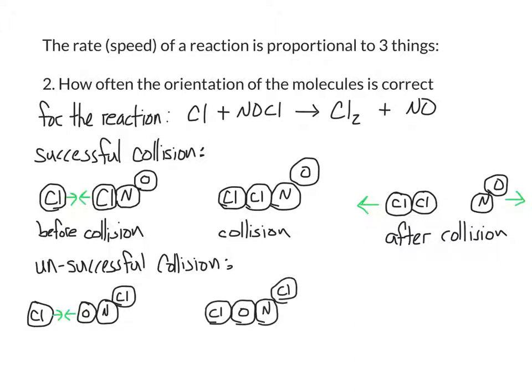Because those two atoms are touching each other, this collision is unable to form that chlorine-chlorine bond and unable to break that chlorine-nitrogen bond to result in a successful collision or a successful reaction. After the collision occurs, the two unreacted reactants simply drift away from each other.